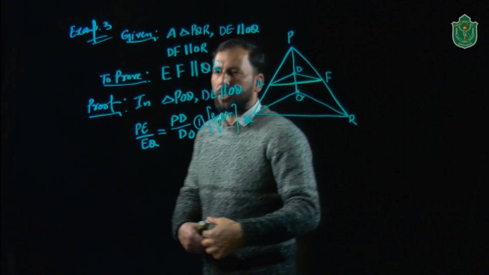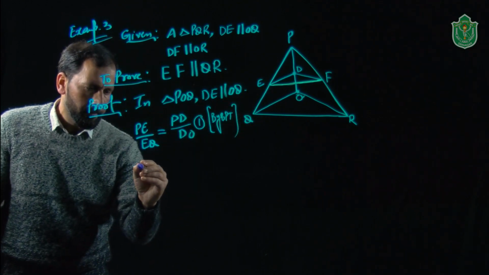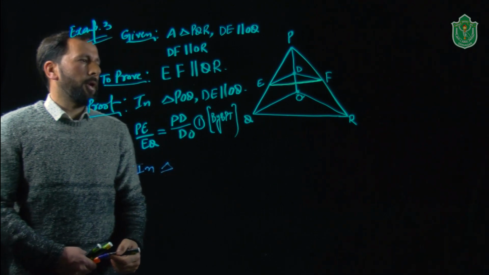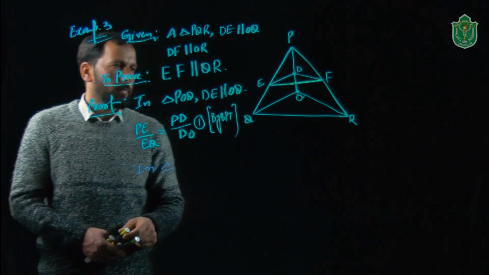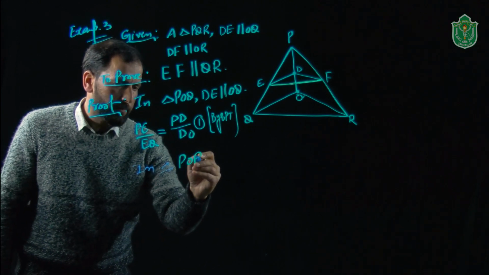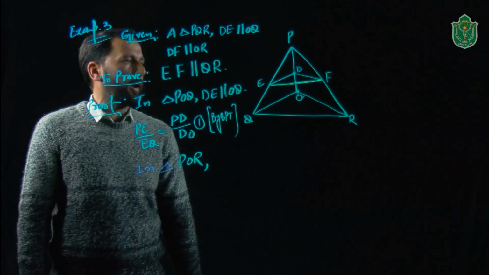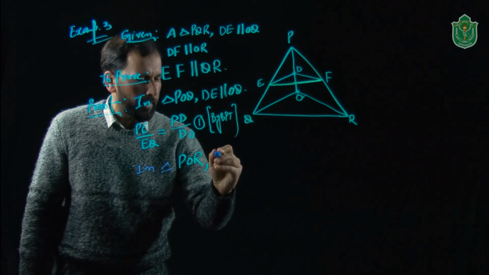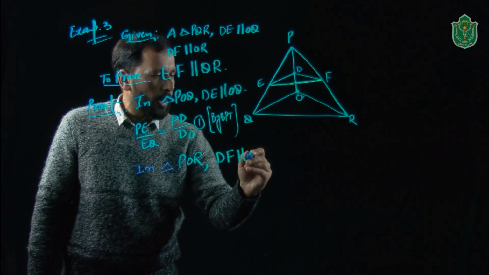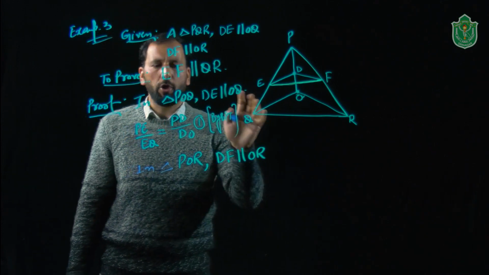So in triangle POR, which line is parallel? Definitely DF. Here DF is parallel to the side OR of this triangle. So again we are using the basic proportionality theorem.